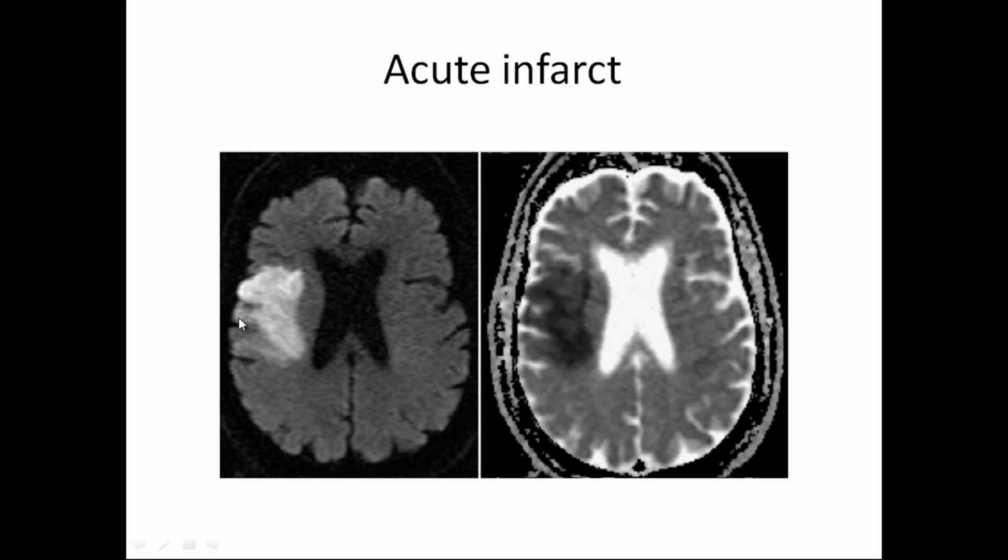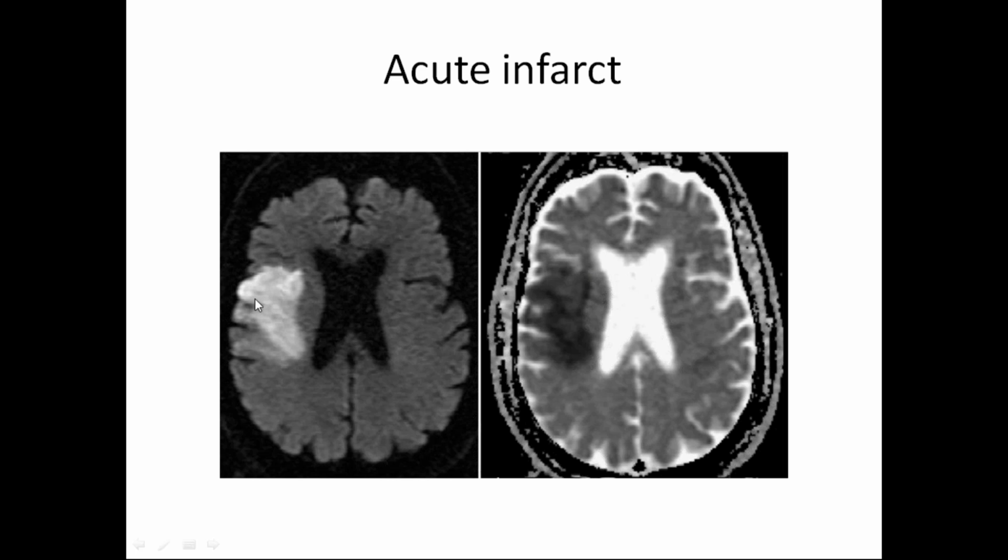But if you see any high intensity or bright signal in any structure of the brain, and in the same region, the ADC image also should show dark signal. So it should show bright signal on diffusion and a dark signal on ADC.